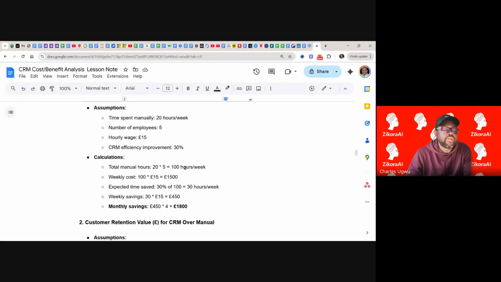So with this, we can come up with savings per month. Once you want to get it annually, you times it by 12. And if you want to come up with a 5 years forecast, you times it by 5 years. So that's how we can get it.